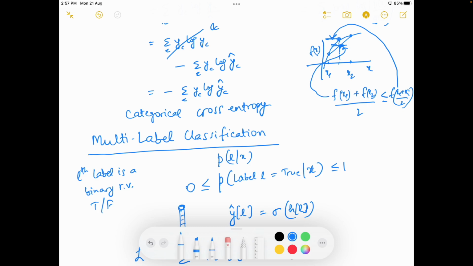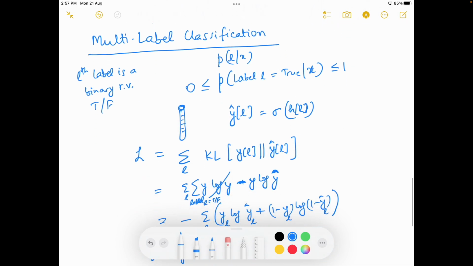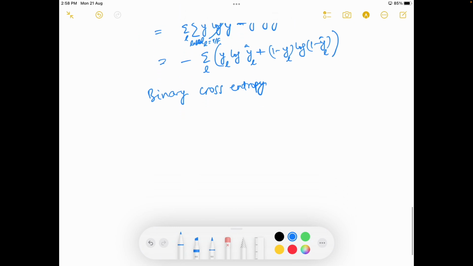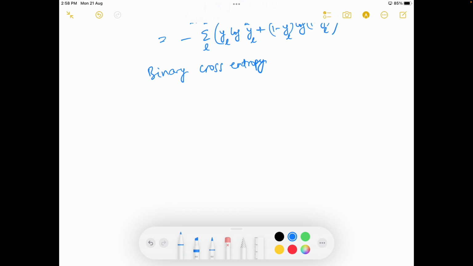It follows categorical distribution, or basically categorical distribution is a distribution where a random variable can take one of the n values, but only one of them, not simultaneously multiple values. That's the categorical random variable. And this is a binary random variable. So we use this to name the cross entropy also, just to avoid confusion.